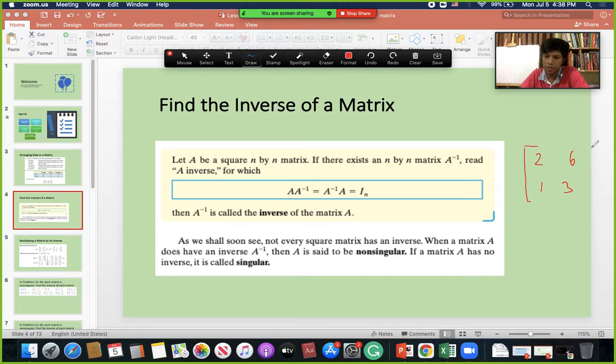We cannot find the inverse of this matrix, because 2 into 3 is 6, 1 into 6 is 6, so 6 minus 6 is 0. That's why we cannot find the inverse. So this is a singular matrix, and to find the inverse, the matrix needs to be non-singular.